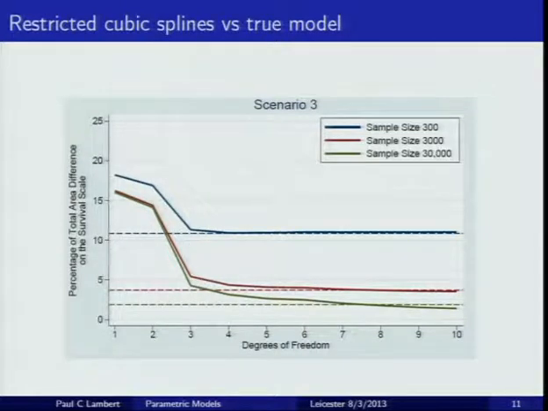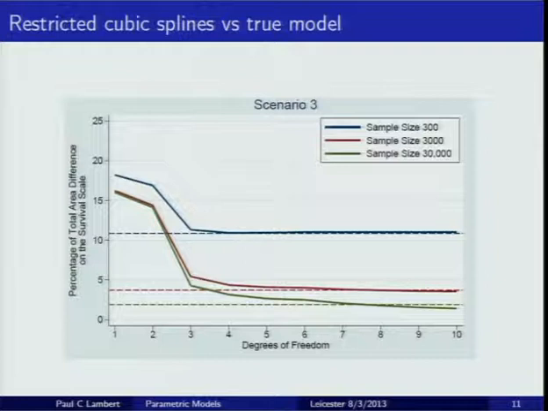And then the dashed lines are what happens if we fit the true model, this mixture Weibull model, and then we compare what we get when we fit the spline model. And of course, we need to define the number and locations of knots, which is important. But as we increase the degrees of freedom, we get closer to the truth on this scale. And even the differences up here are fairly insignificant in terms of the way we interpret.